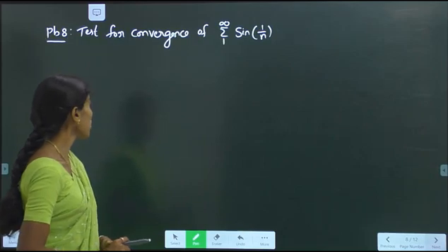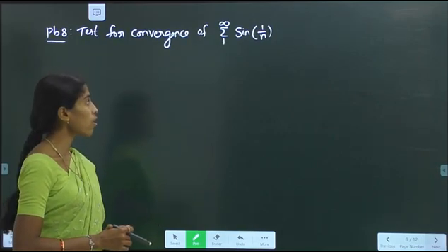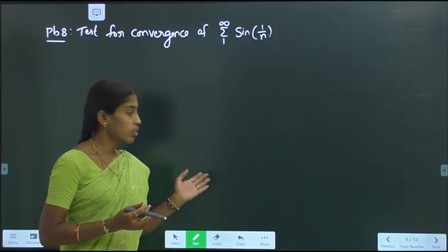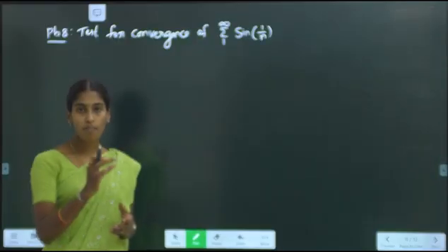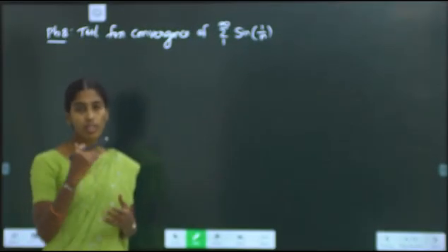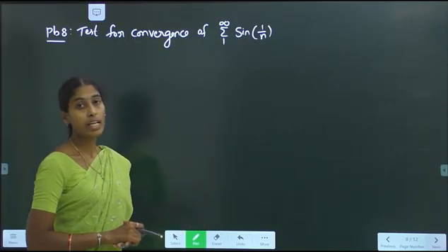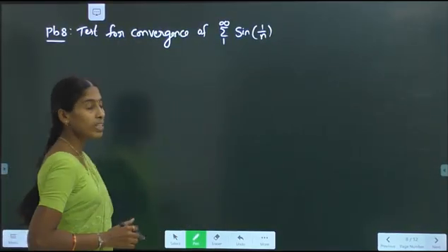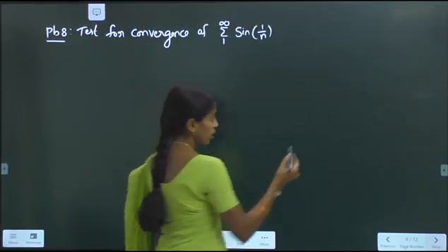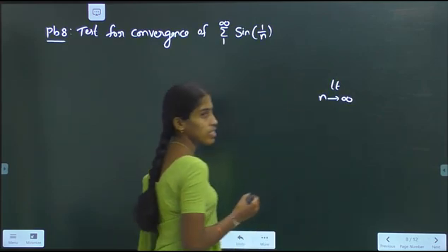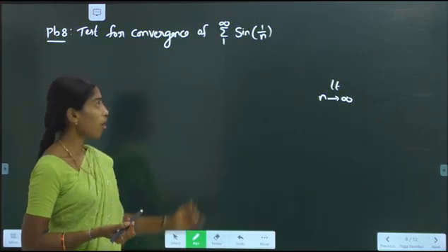Right? Next, test for convergence of summation sine of 1 by n. Till now we have been discussing problems of summation of some function of n, where n is in a rational form, p by q form, both in numerator and denominator, otherwise only in the denominator n is involved. But here it is a different problem, which is sine of 1 by n. Some trigonometric functions are involved. You can concentrate on whether any formula is there relating to the limit of sine.